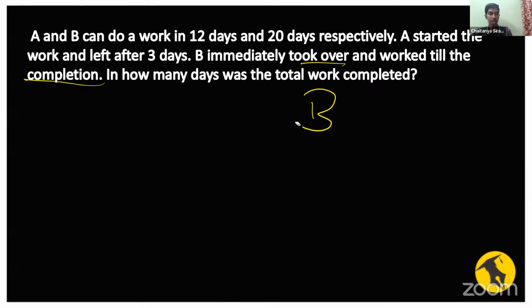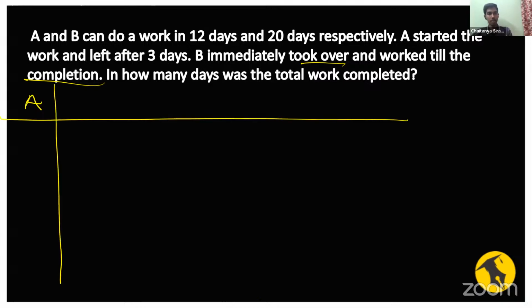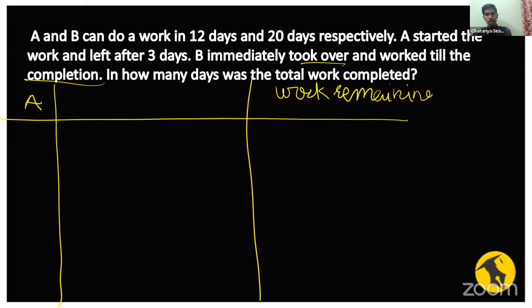So maybe I can create something like a table here. A, the work starts with A. This is work remaining. This can be number of days. So for the first 3 days, A is working.